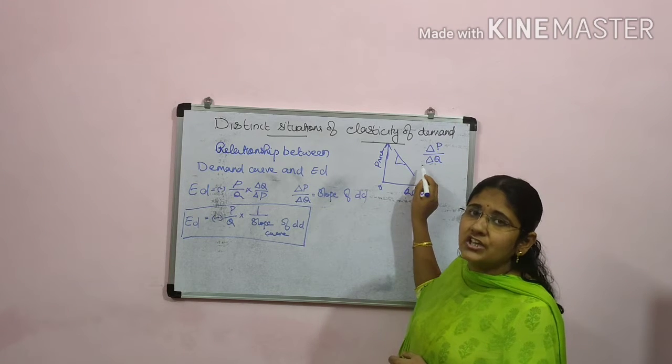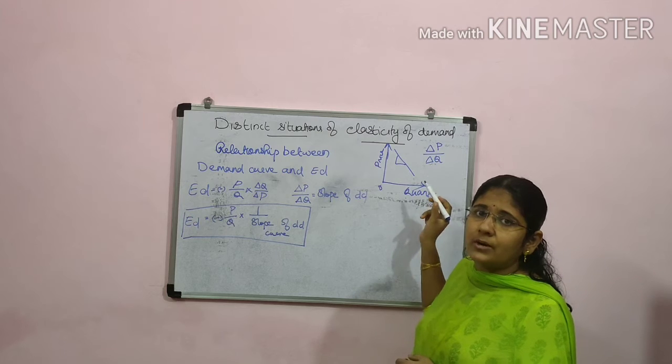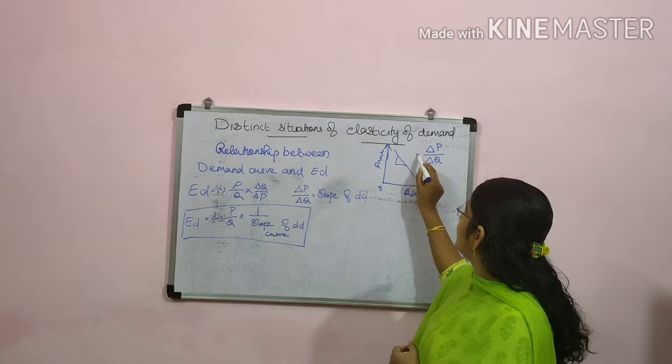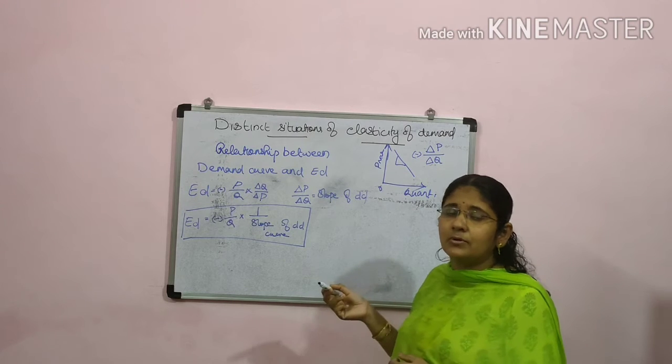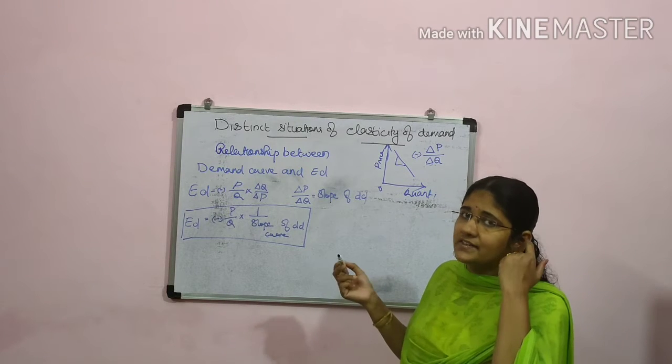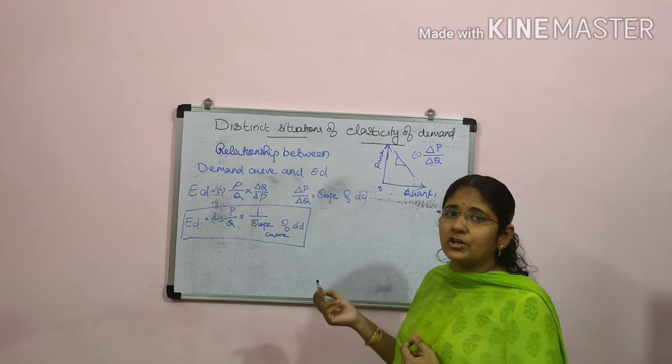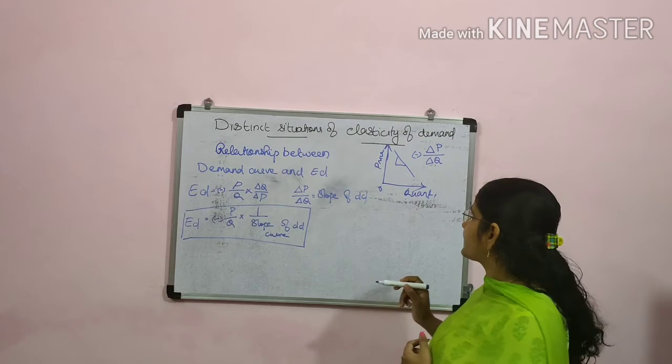As a result of a change in the price of the commodity, the quantity changes. We represent a minus sign because there is an inverse relationship between the price of the commodity and the quantity demanded.